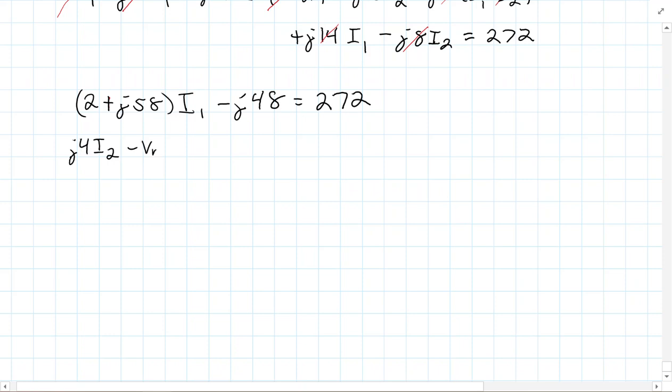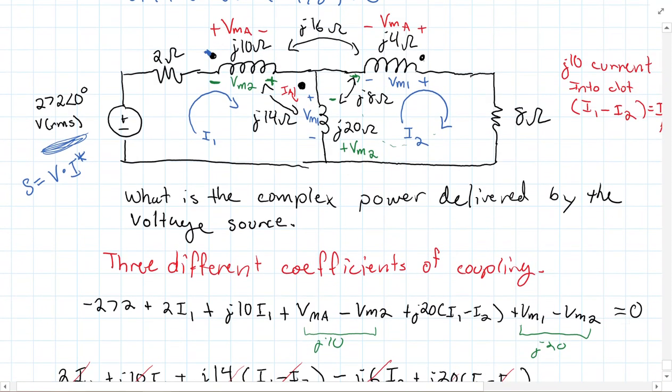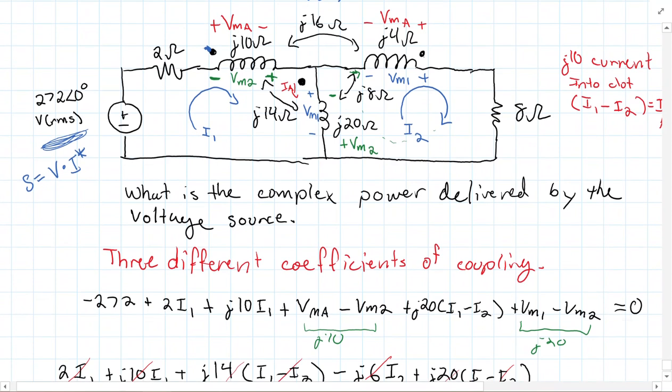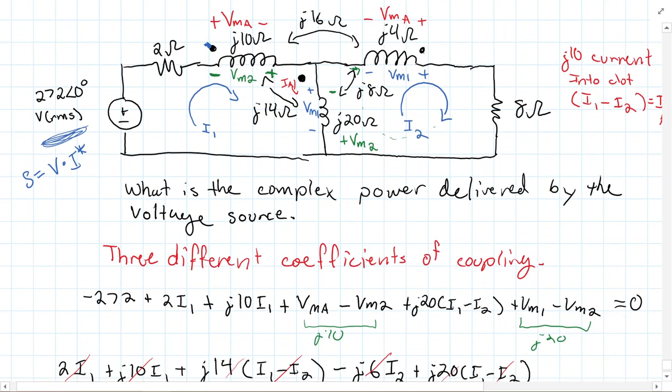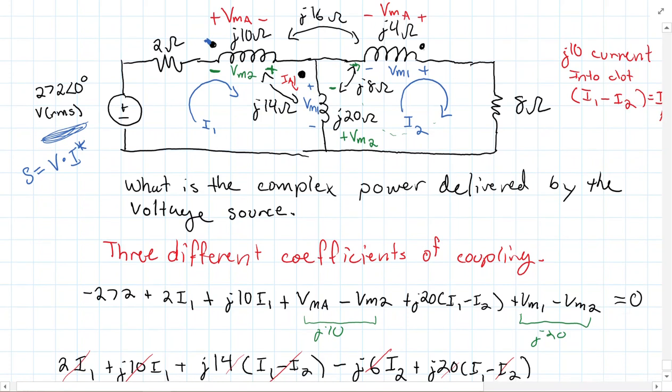Minus VM1 minus VMA, and again these are both for the j4 ohm, and then we'd have plus 8 I2 plus j20 I2, and then we have those other induced ones, which the VM2 is plus and the VM1 is minus.